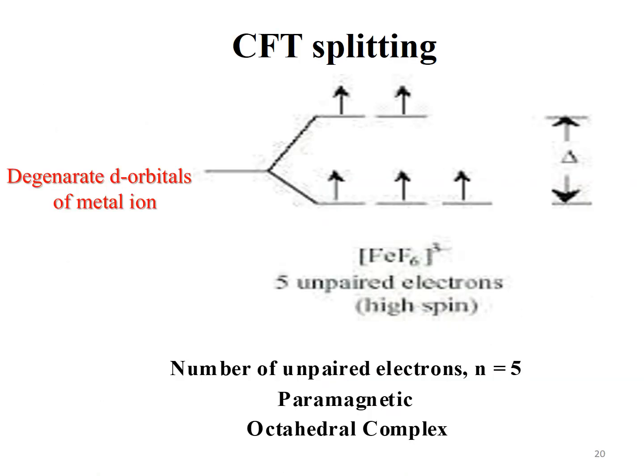This slide is showing the magnetic behavior of the complex according to CFT, as we studied in our second last slide, that when ligands come towards a six coordinated metal, the approach of ligands is along the axis.